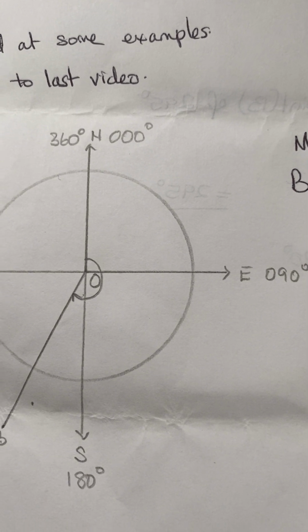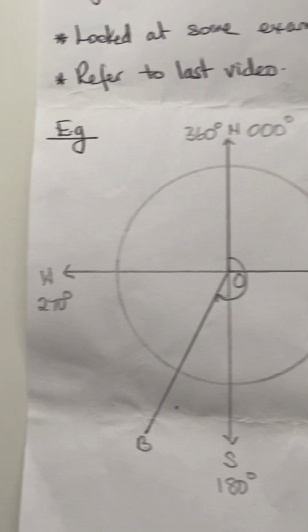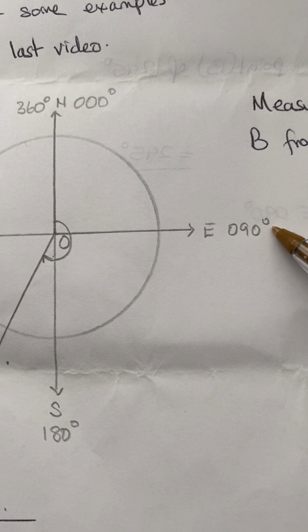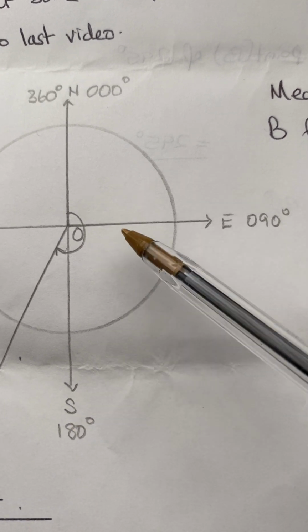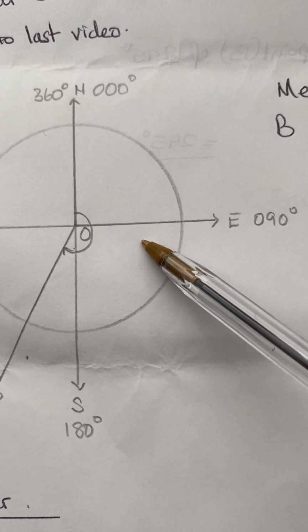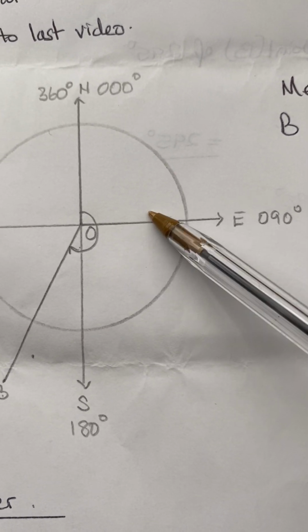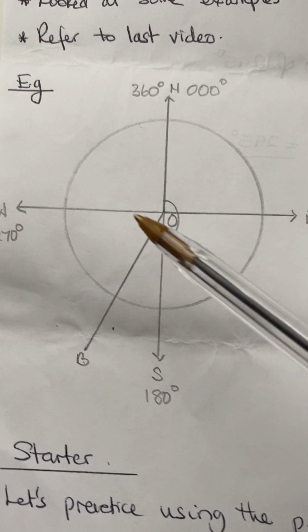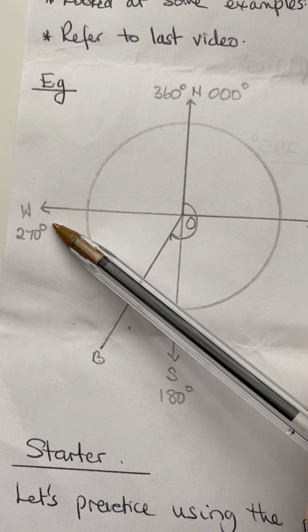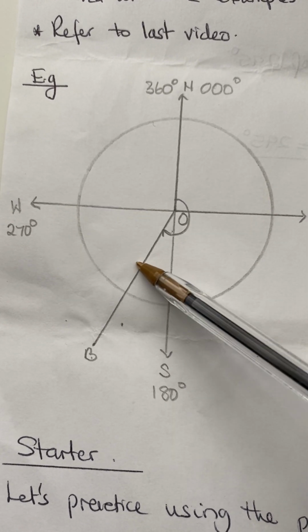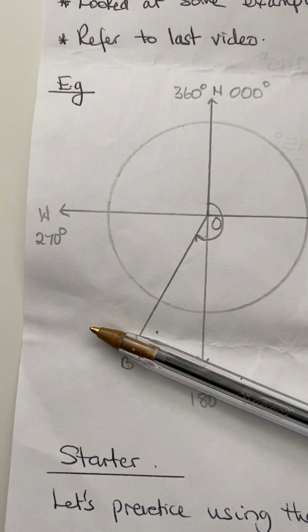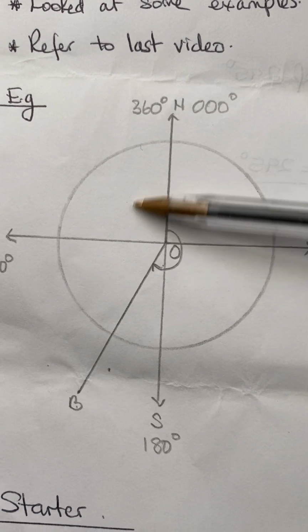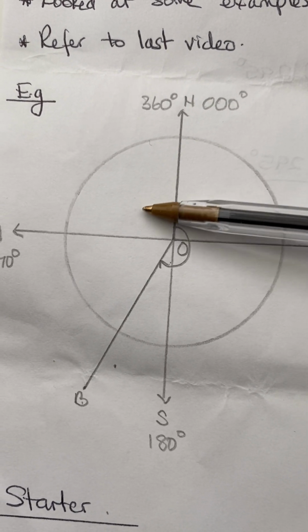From 090 degrees to 180 degrees will be in the second quadrant. From 180 degrees to 270 degrees will be in the third quadrant. And from 270 back to 360 will be in the fourth quadrant.